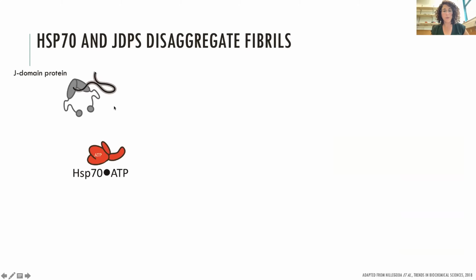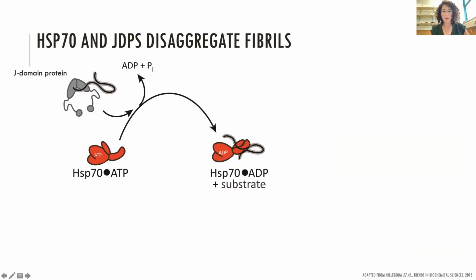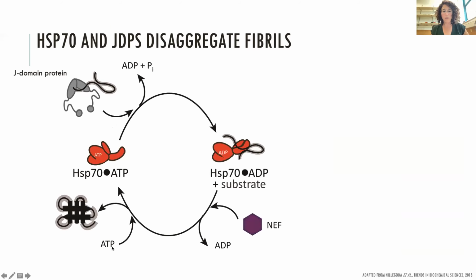This can be unfolded proteins or misfolded proteins. It brings them to HSP70. The J-domain will stimulate the ATP hydrolysis to ADP. HSP70 will get locked onto the substrate, and upon ADP release and new binding of ATP, the substrate can get released and it can refold into its correct structure.